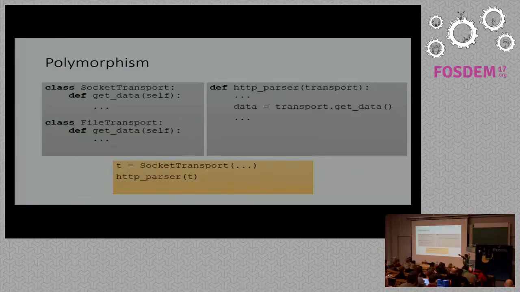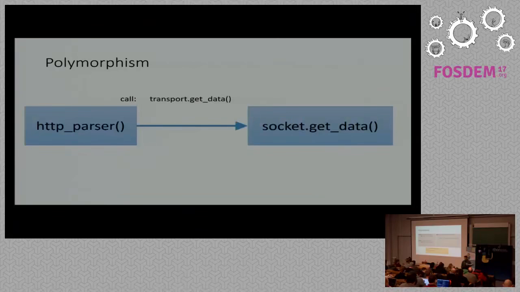And the two implementations on the left side are the I/O transport. So this is polymorphism. The HTTP parser calls the getData function from any of those on the left, depending on which object we pass in. And notice that actually we don't need inheritance for having polymorphism.